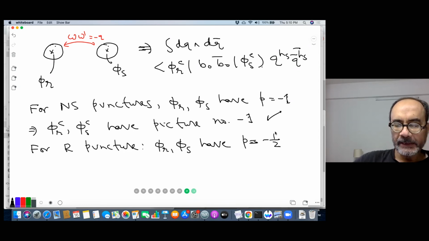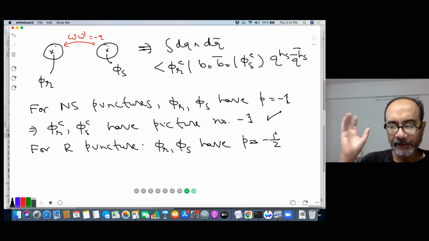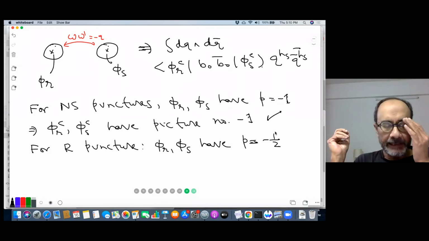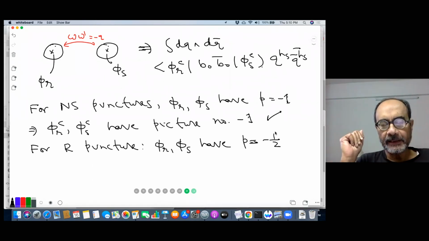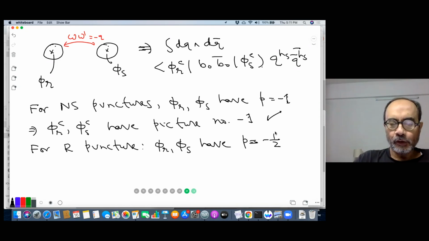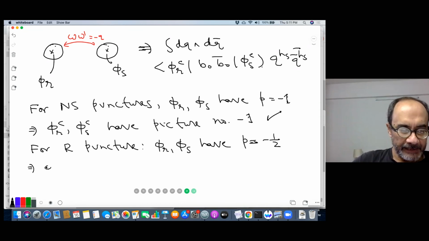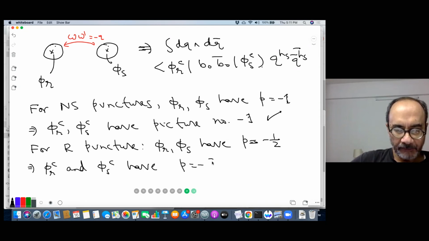Because now that we are doing string theory, we have already declared that the states of string theory are picture number -1/2 states in the CFT. So you have no option but to pick phi r and phi s to have p equal to -1/2. But now there is a problem, because this implies that phi r c and phi s c have p equal to -3/2.